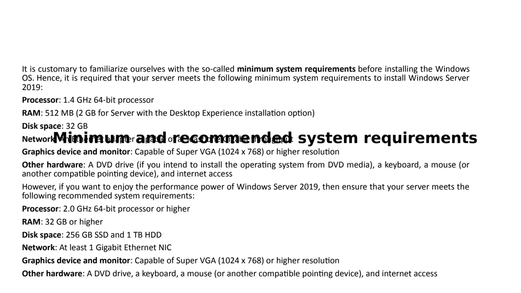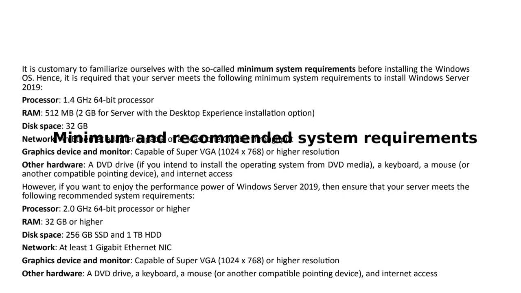Disk space. SSD, not a normal hard disk. SSD. And a 1 terabyte hard disk. And you need at least 1 gigabit Ethernet. Even your interface card should be a fast one.